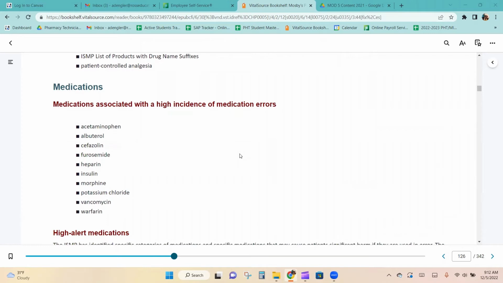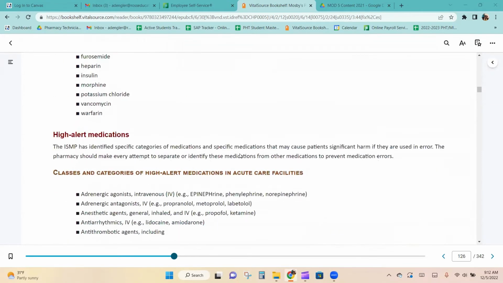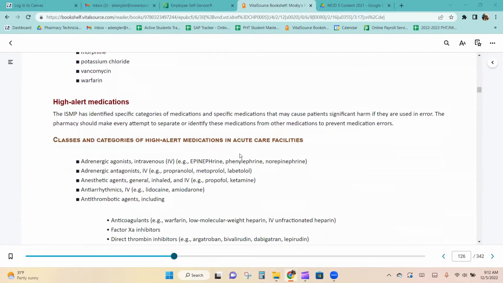Medications that are associated with a high incidence of medication errors include acetaminophen, Tylenol, albuterol, cefazolin, furosemide, heparin, insulin, morphine, potassium chloride, vancomycin, and warfarin. The ISMP has identified high alert medications that may cause patients specific harm if they're used in error.